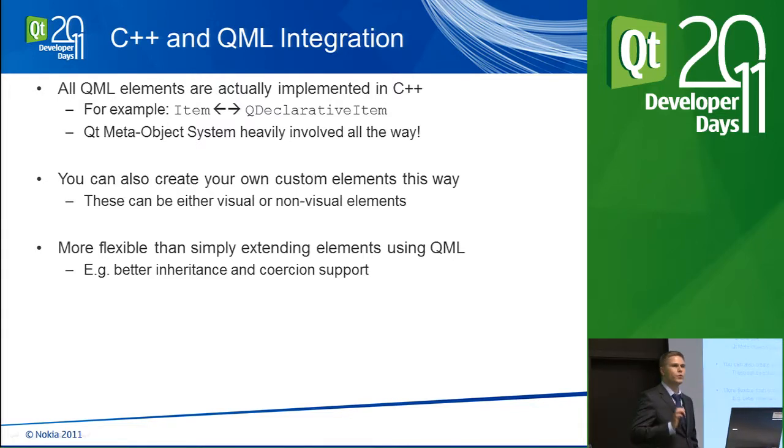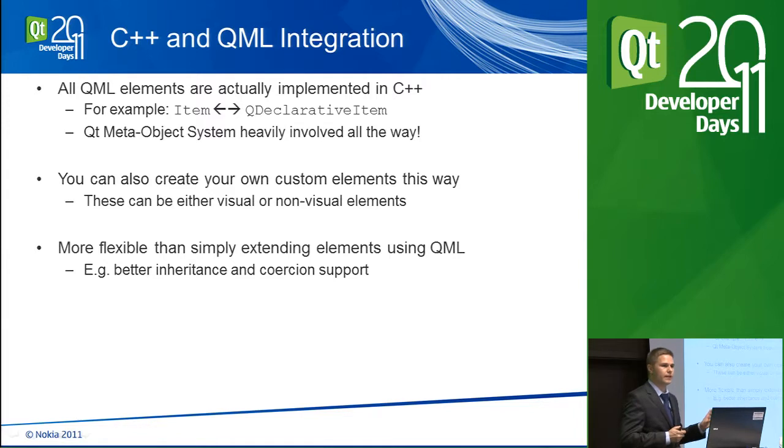First of all, something that we need to realize is that when we talk about QML, we talk about different elements like rectangles and images, items, things like that. They live in the QML world, but they also have representation in C++. There's the QDeclarativeItem class in C++.